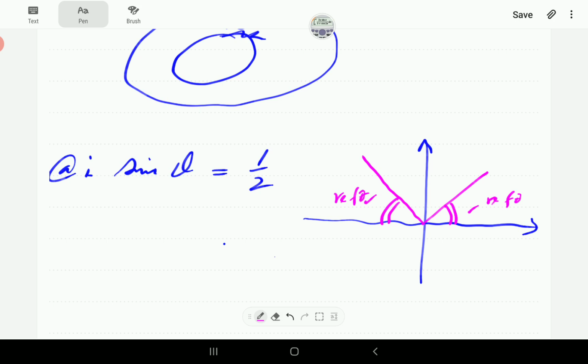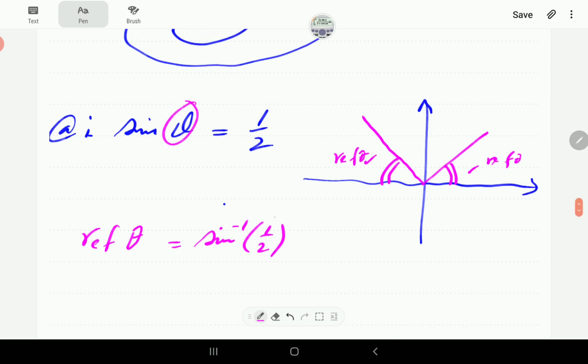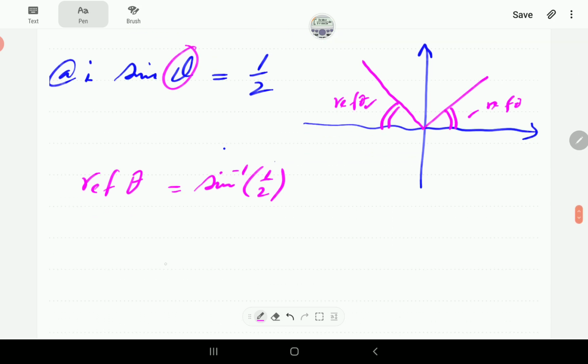Ref theta we are going to find by making theta the subject of the formula here. So it's going to be inverse sine 1/2. Okay, we expect two angles, one here and one here. So we are going to have to punch this in the calculator.